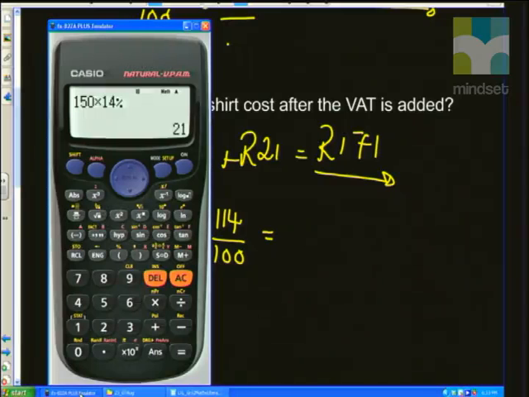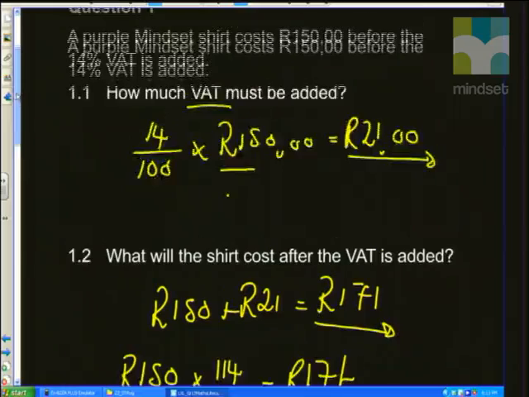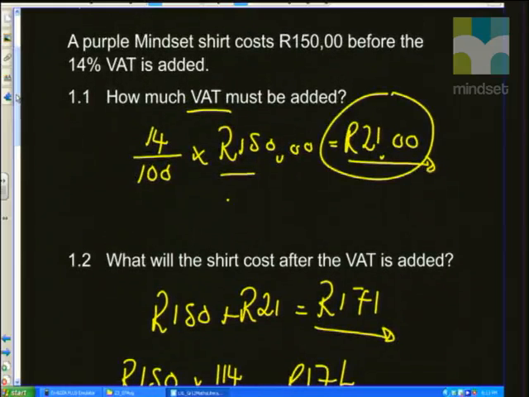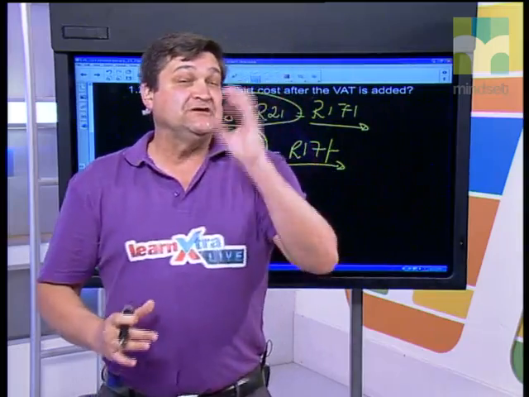Let's just prove it quickly. 150 Rand multiplied by 114 over 100, and we get an answer of 171 Rand. So, instead of first working out just the VAT amount, and then adding it to the shirt, I could just multiply the price of the shirt by this magic, wonderful fraction, 114 over 100.